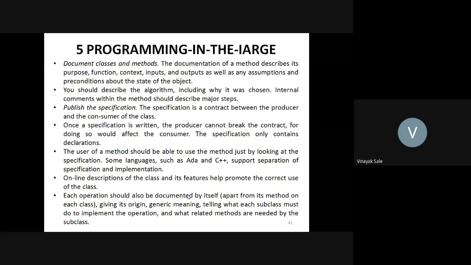Online descriptions of the class and its features help promote the correct use of the class. And each operation should also be documented itself, giving its origin, generic meaning, telling what each subclass must do to implement the operation, and what related methods are needed by the subclass.